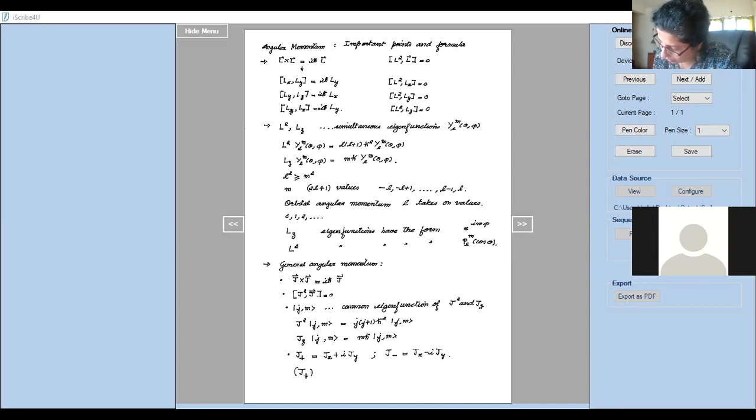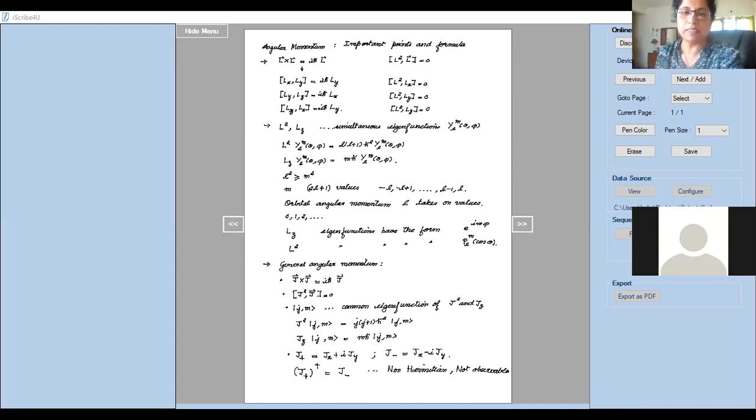What I will write over here is trivial, but it's important to remember: they're non-Hermitian. They're pretty much like a and a dagger, or a plus and a minus, of the simple harmonic oscillator. Non-Hermitian, not observables. Very important to remember.